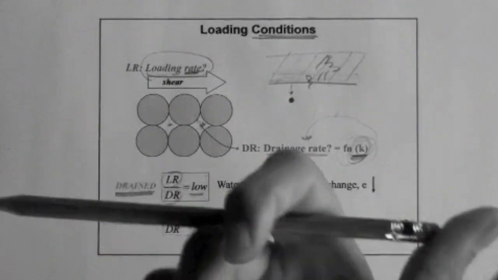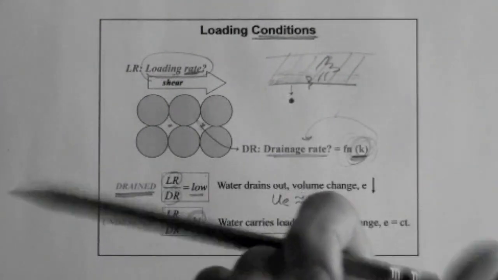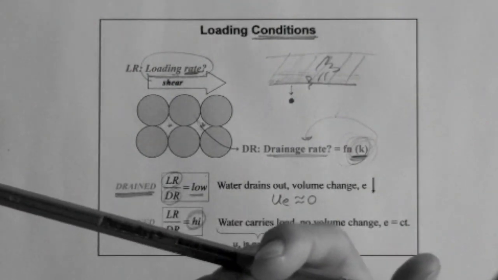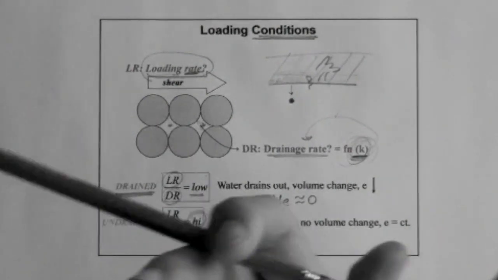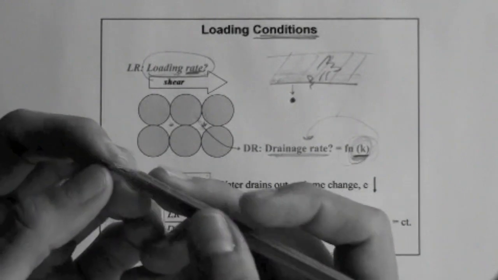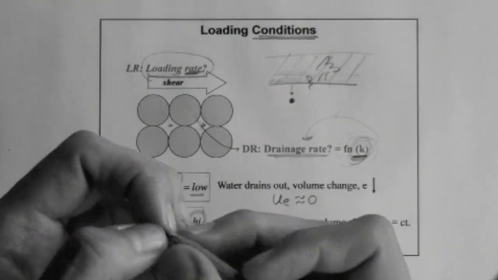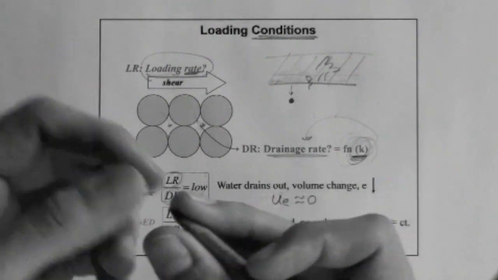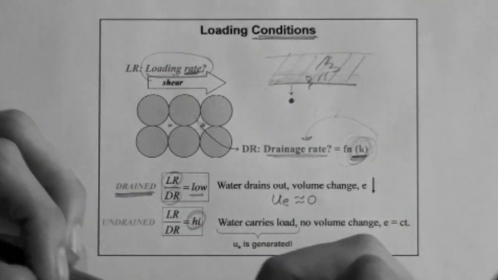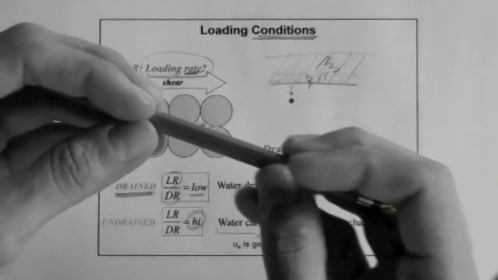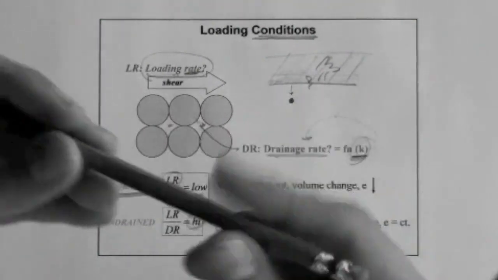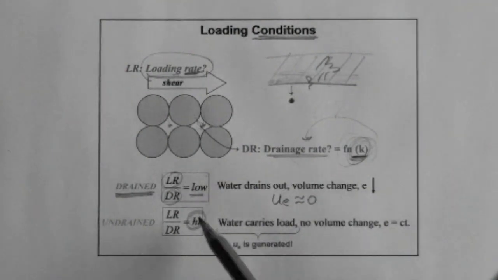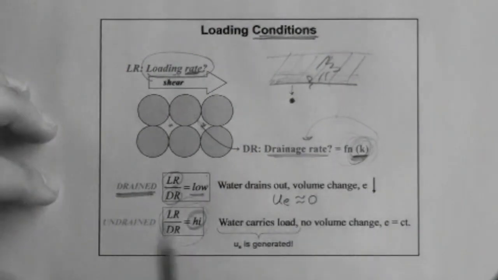It's like pressing the syringe very, very fast. You are loading fast with your finger, and the needle is very small, so only a specific amount of water can escape per unit time. So there is a pressurization of the water inside the barrel of the syringe. So what you end up having in this situation is what's called an undrained condition.